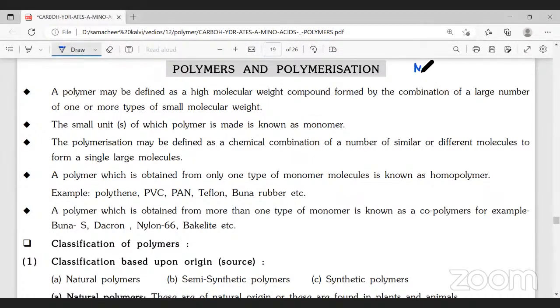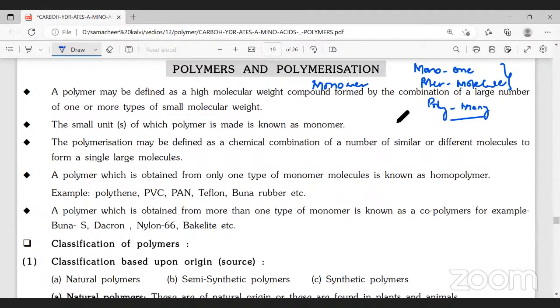Firstly, we'll understand like this. Mono stands for one. Mer stands for molecule. And poly stands for many. So, if we have only one molecule, it will be called a monomer. Monomer means one molecule.